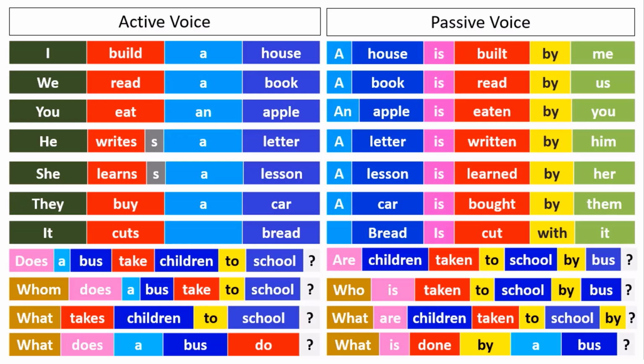To make interrogative sentences in the passive voice is a bit more difficult than in the active voice. You should practice a lot to be able to make correct interrogative sentences in the passive voice. That is why proceed to the next slide and do all the speaking exercises. Good luck. See you at the next lesson.